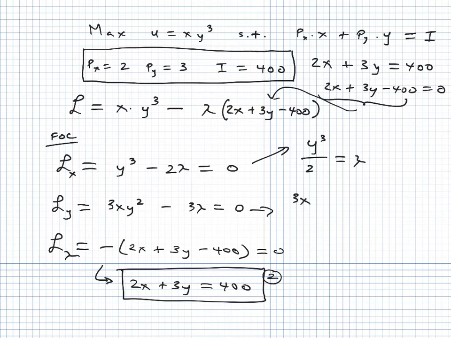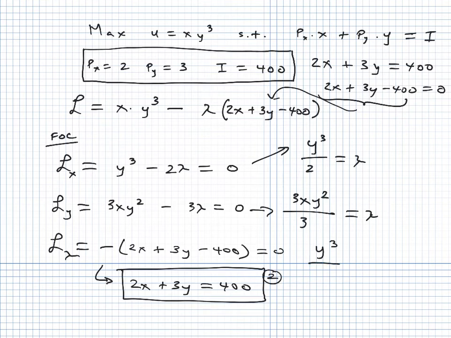I'll have 3xy squared all over 3 equal to lambda. Well, I've got 2 things equal to one another, and equal to the same thing, so they must be equal to one another. So I can rearrange this again.